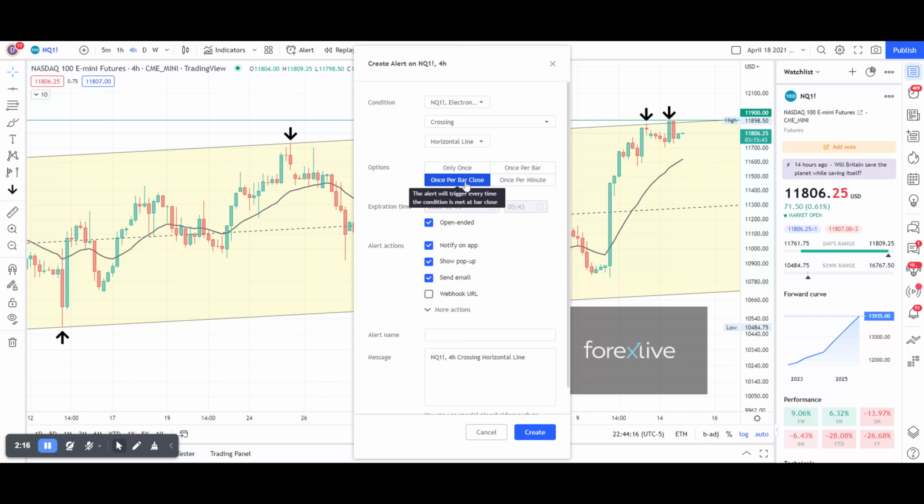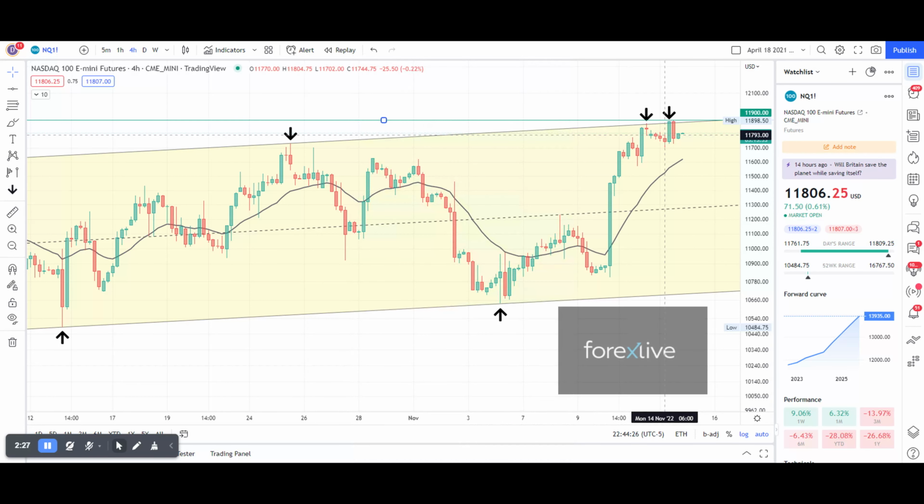We want another confirmation by the bar closing, the 4-hour candle closing above that price. That prevents some cases of bull traps where price only temporarily goes up and the candle does not close. So that's an important feature of the alert.